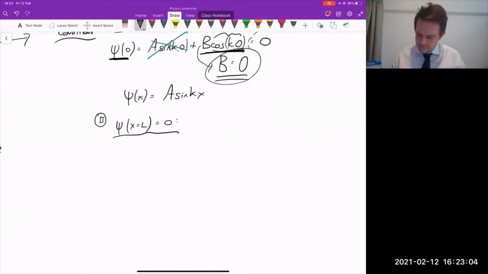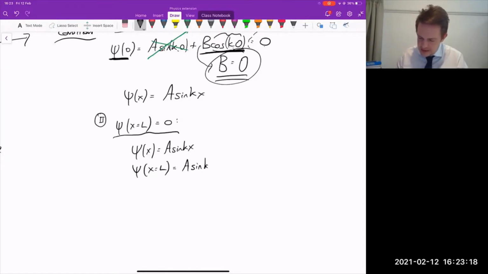So let's see what we've got. At the moment, we've got this general solution. If we put x equals L into that, we get sine k times L equals 0. Now, this next bit is something that you won't have done before necessarily, but someone can probably answer this question.